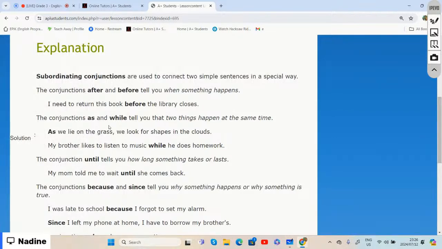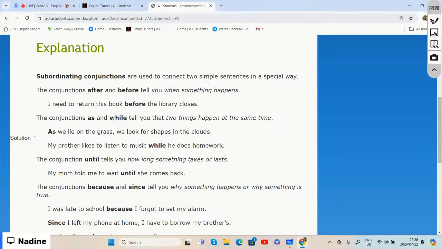Our simple sentences are groups of words that can stand on their own. Even with words like and, we connect words together and it creates something else.